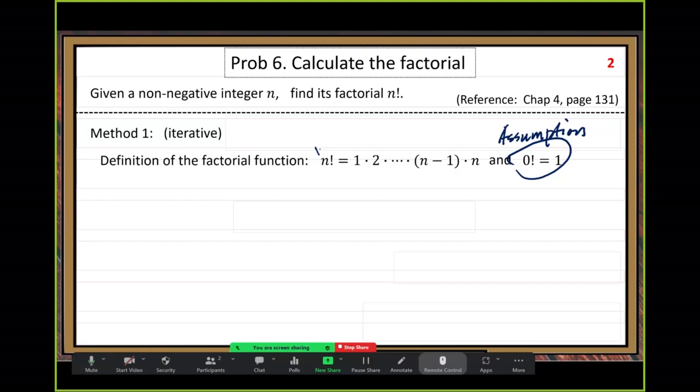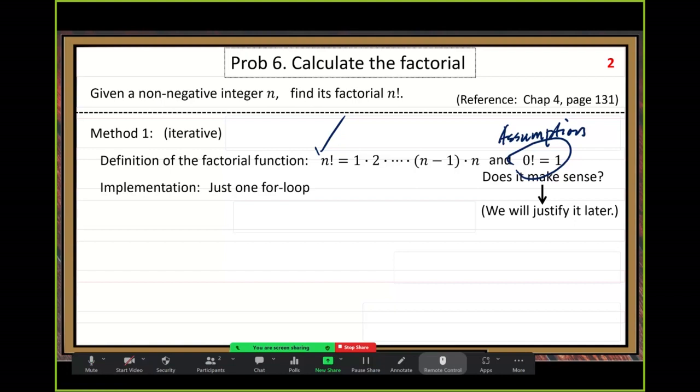Otherwise, your assumption is incorrect. Later we will see this assumption is correct. It's not easy to see, but we will see it. So we delay it to the next slide.